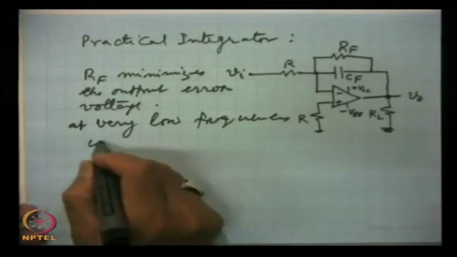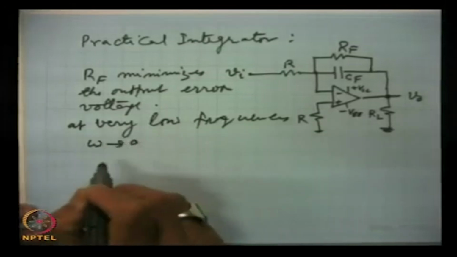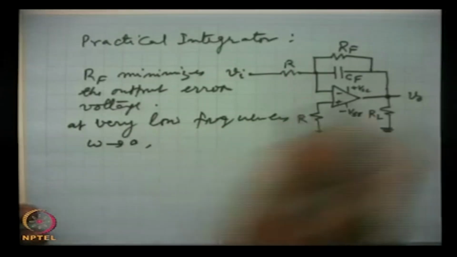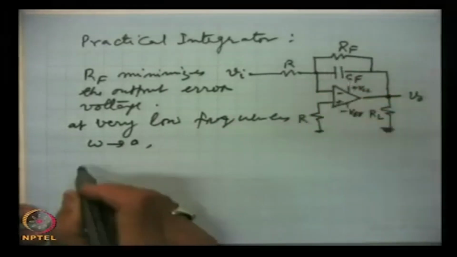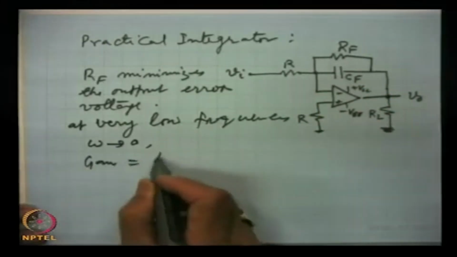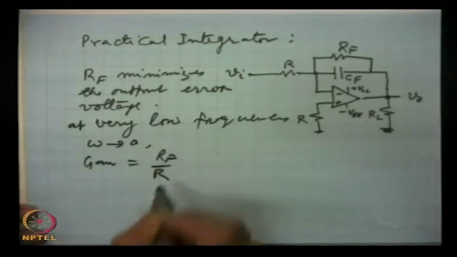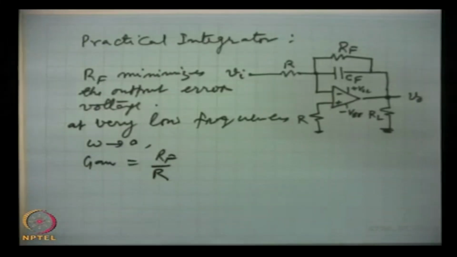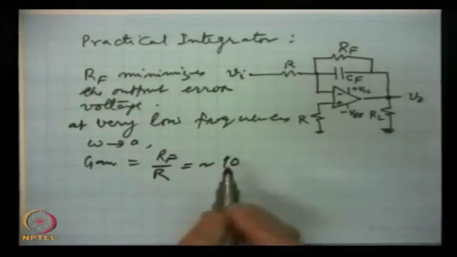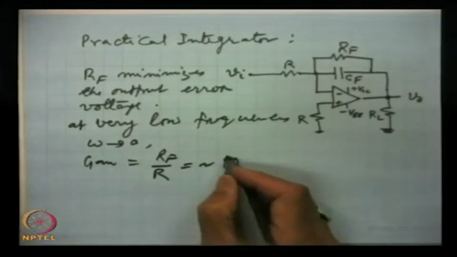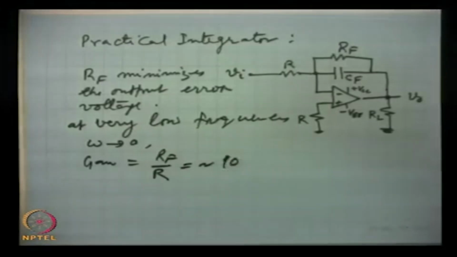Now this is infinity, we can neglect it because RF is in parallel, and the gain will be RF by R, which is finite, and we will see that normally this is kept around 10 by design.